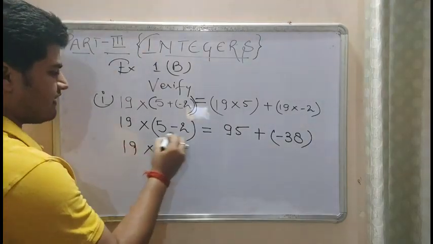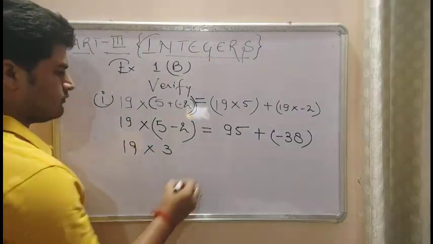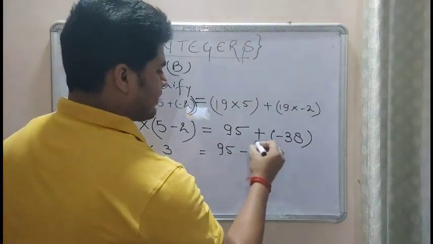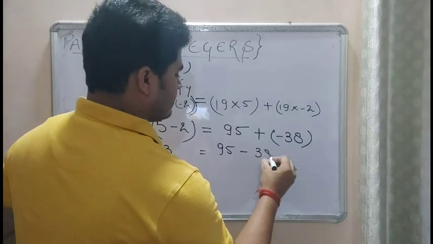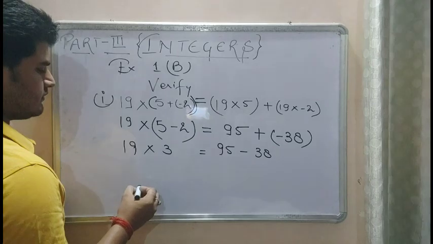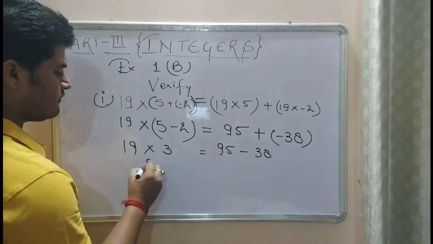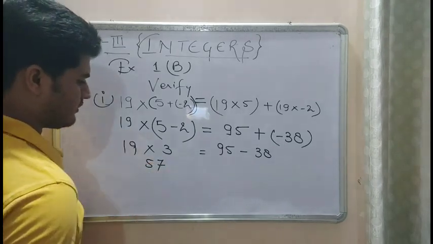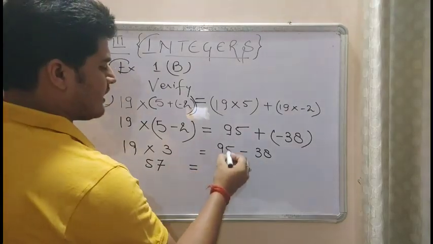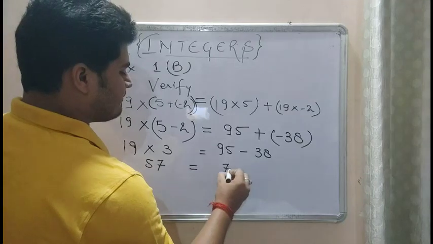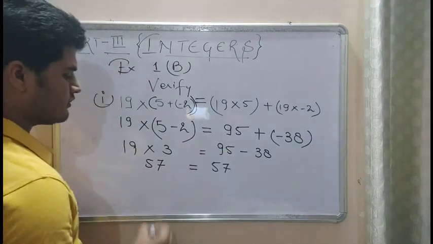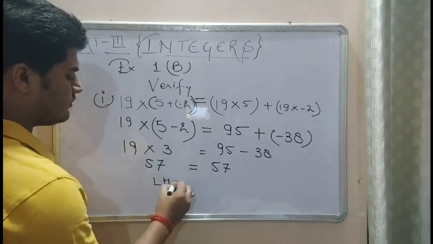On the left, 19 into 5 minus 2, that is 3, equals 95 minus 38. 19 threes are, anyone? 57, correct? Then here 95 minus 38: 5 minus 8, 1 carry, 15 minus 8 is 7, and then here 8 minus 3 is 5, so 57. So what did you get?